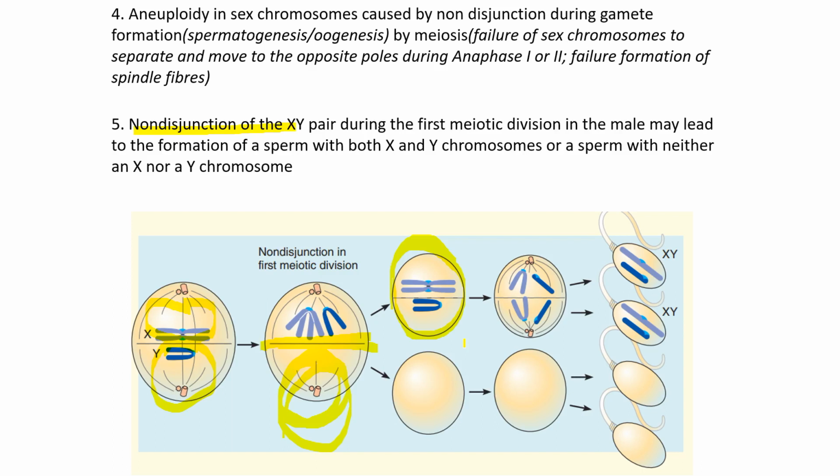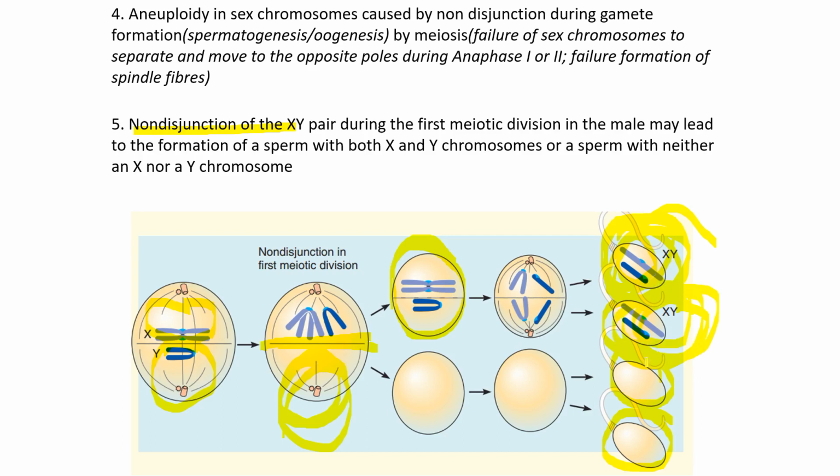So sperms or gametes with the XY chromosome happen to be XY, and it will give another sperm that lacks the sex chromosome. So what happens when this gamete fertilizes a normal gamete from the female, a gamete that carries only an X chromosome? The individual will have XXY. The same goes for this one.